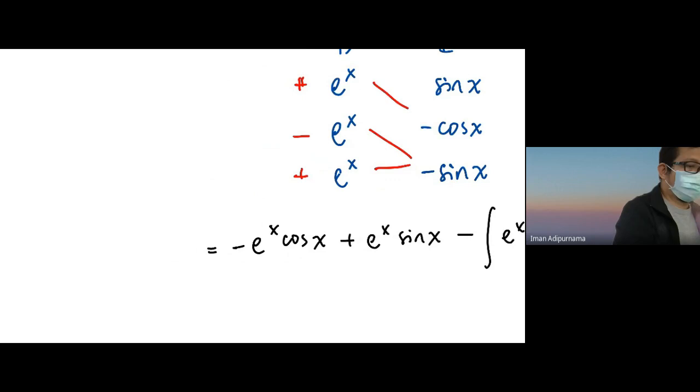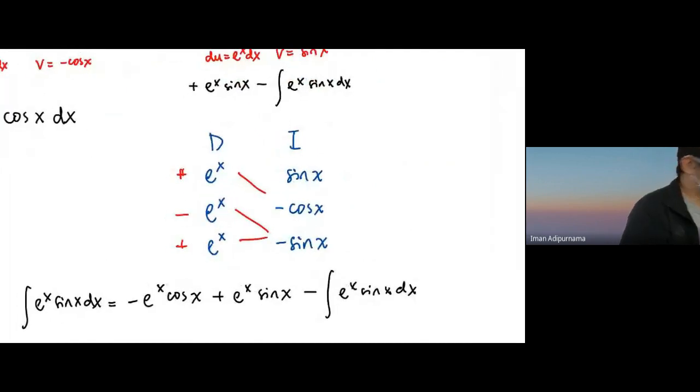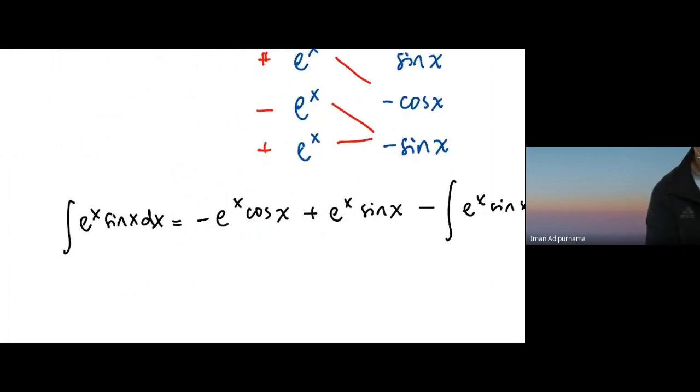And you need to write down the whole formula here. It will be the same result as the original integration by parts. So you can still use the DI method, okay? And then you can solve this, and it becomes this.